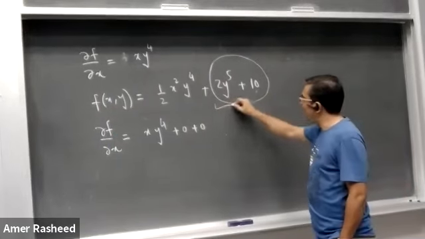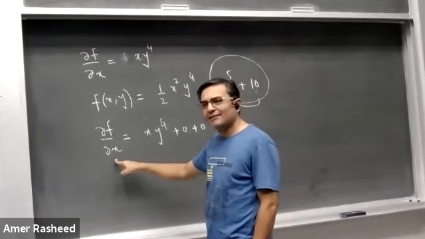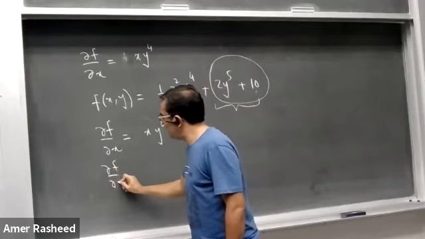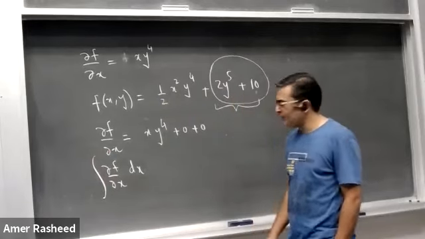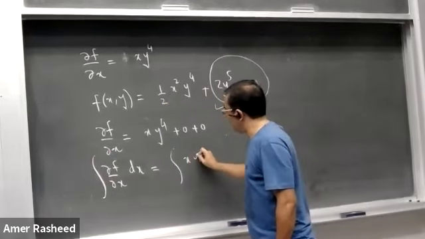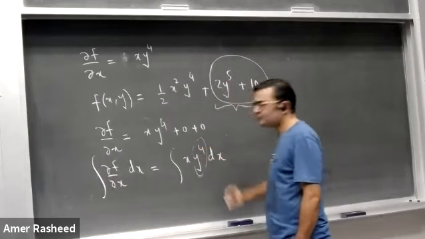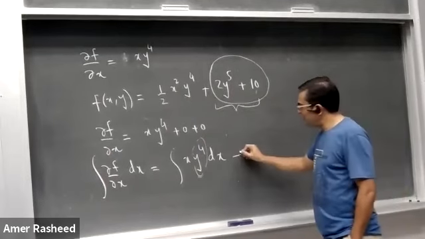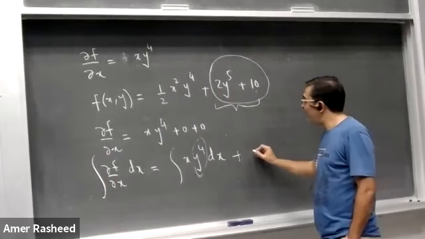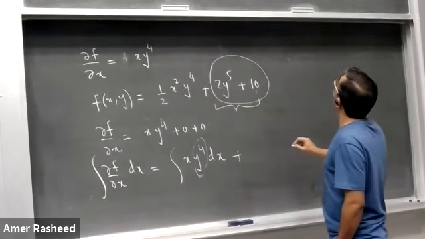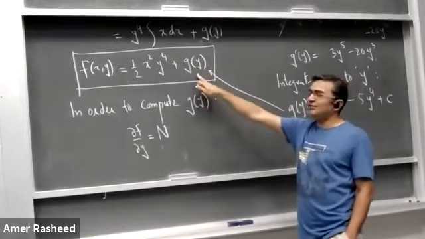In order to compensate this term, what we do when we integrate this thing with respect to x, you take the integral only with respect to x. You are assuming that y is constant here. So whenever you take integral of this thing with respect to x, you are assuming that y is a constant. If you're assuming that y is a constant, then the constant of integration should be a function of y, which I have added here as g of y.